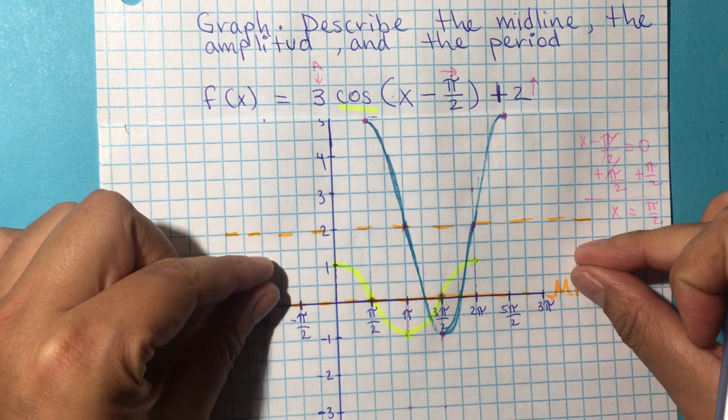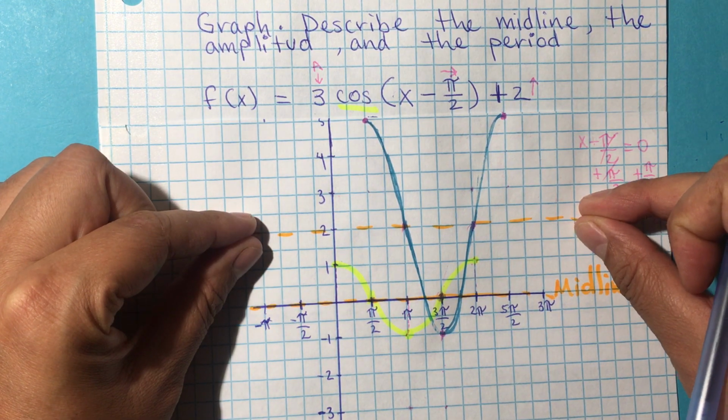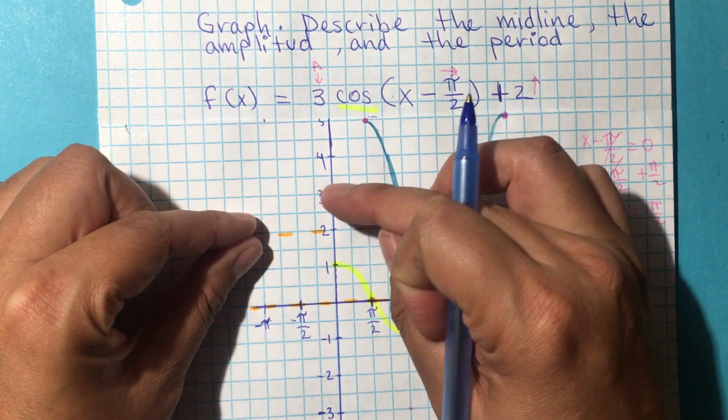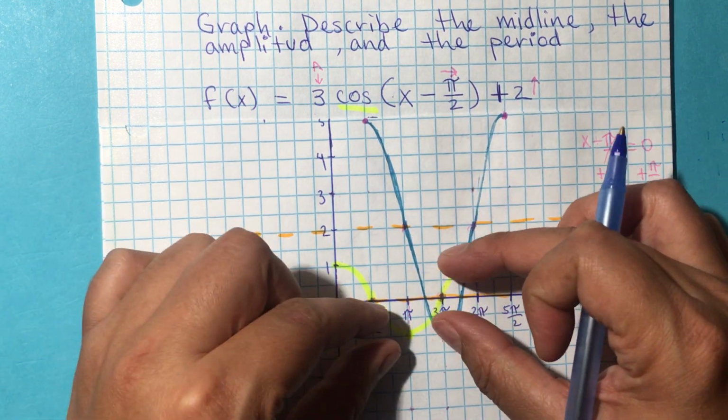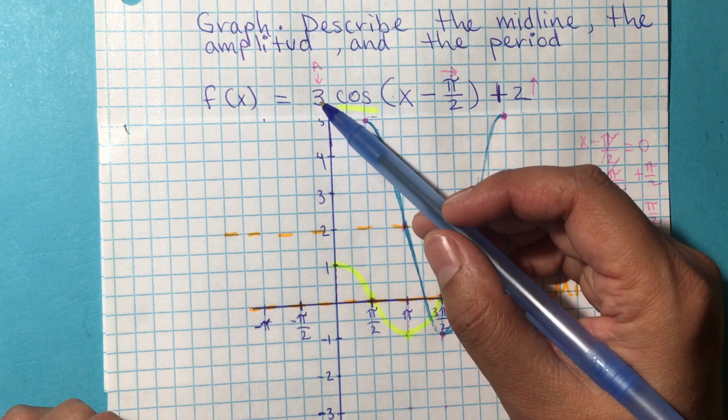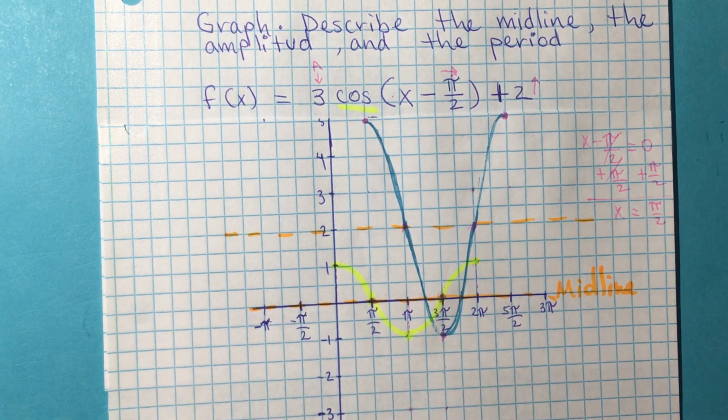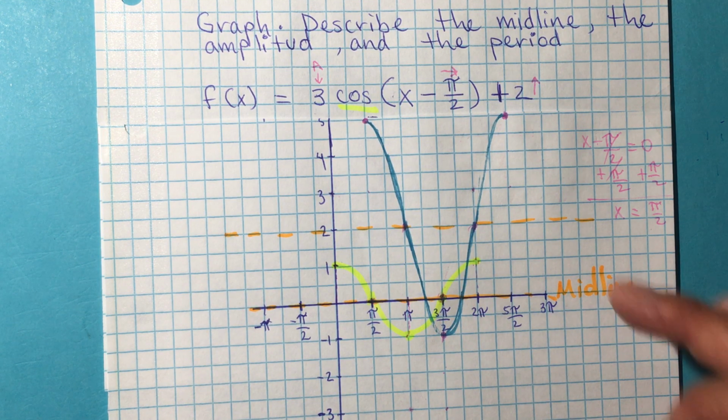Some people prefer to first move that midline with the original cosine going like this. Okay, and then from there doing the amplitude and also the horizontal shift. So you can do it whichever way you want. You will end up with the same graph.